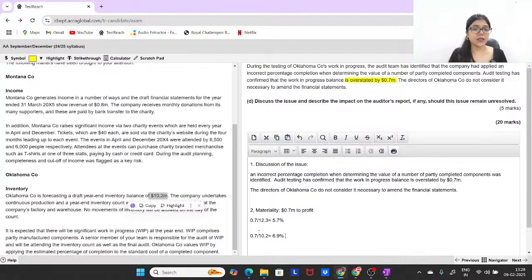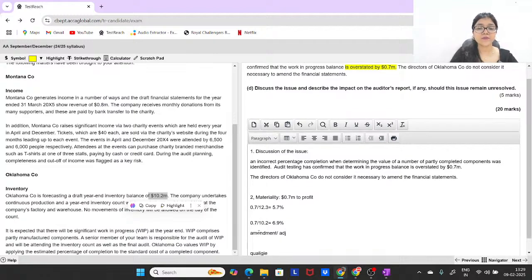Therefore, this is material. And then you will be talking about the amendment that you need to have. Amendment or basically the adjustment that they should have done in the financial statements, and if they are not doing so, then we will be having a qualified except for opinion.